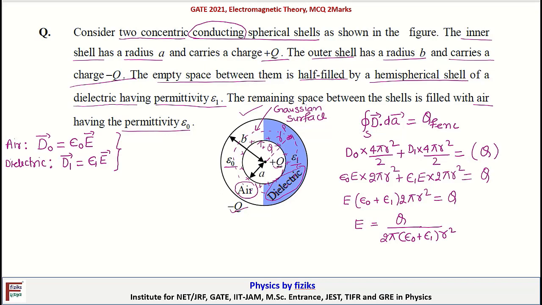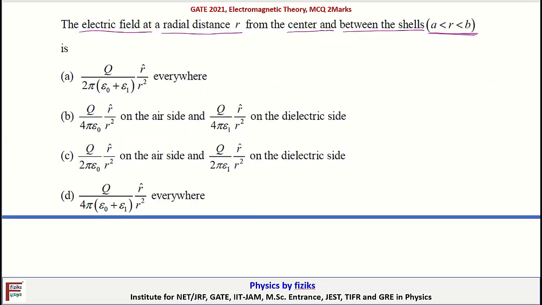And if we see the direction in spherical symmetry, electric field has radial direction, so that is r cap direction. Now we see the different options. If you see option 1, that is Q by 2 pi, epsilon naught plus epsilon 1, r cap by r square everywhere. So this option is correct.